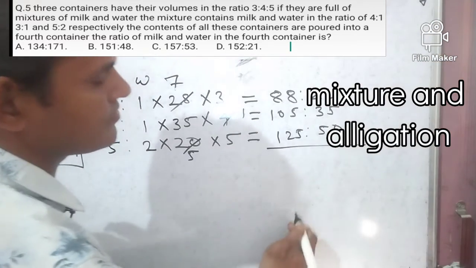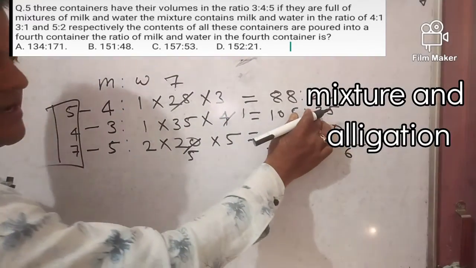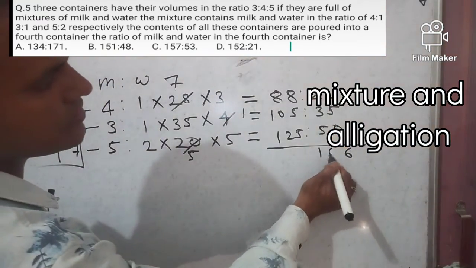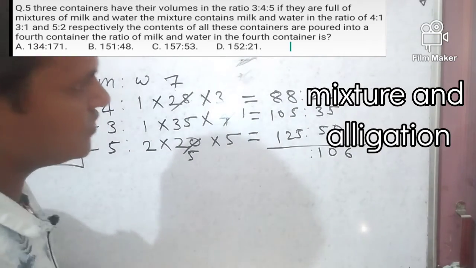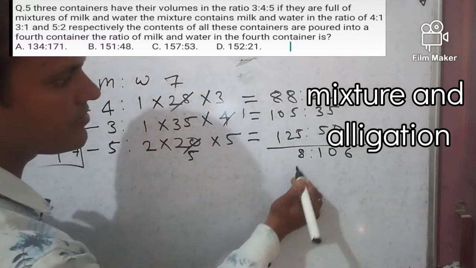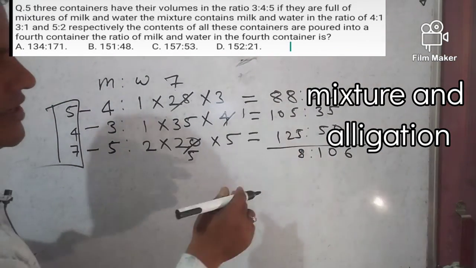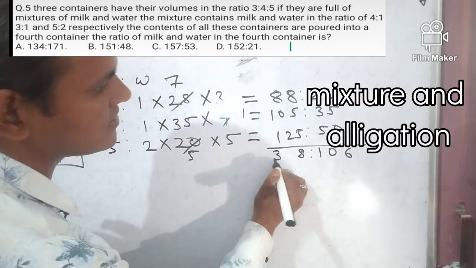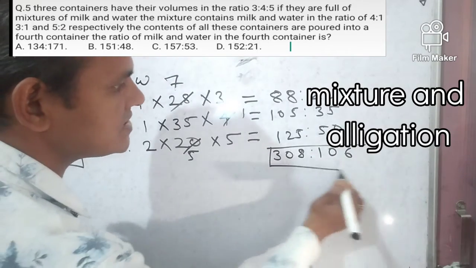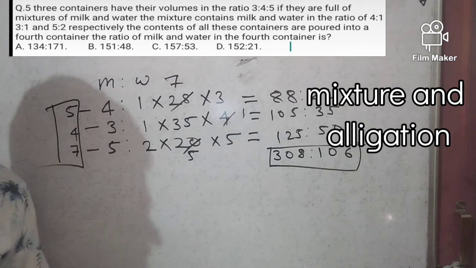Now add them. 5 plus 1 is 6, 6 plus 3 is 9, 9 plus 2 is 11, 12, 20, 20 plus 10 is 30. So the new ratio is 318 and 106.